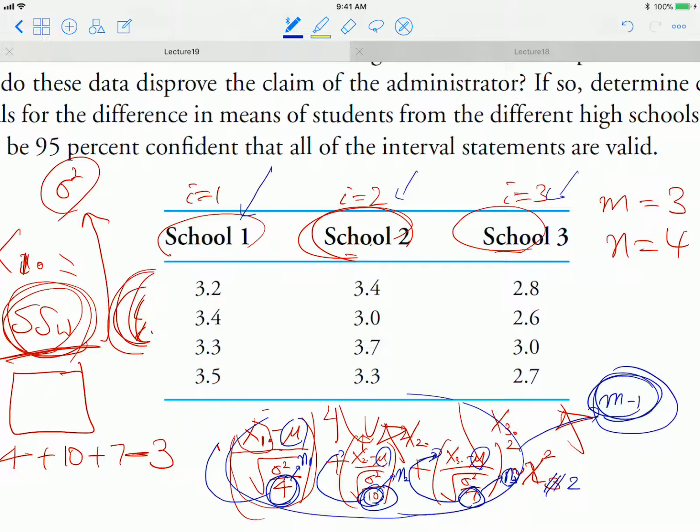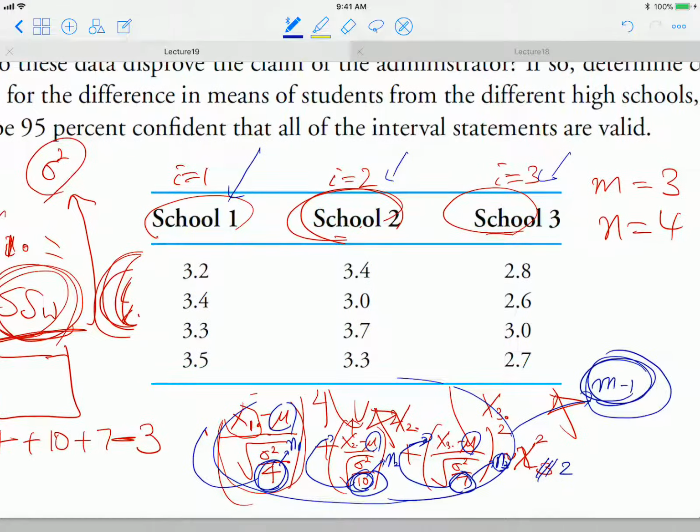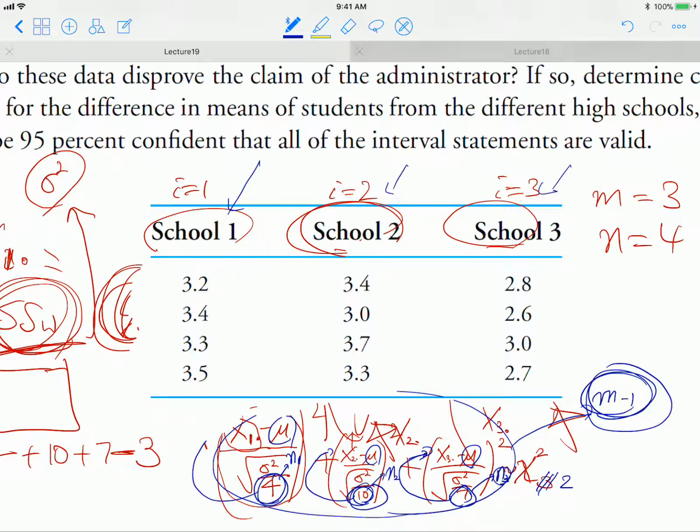So we wanted to test such a hypothesis. But in the case of one-way ANOVA that we previously dealt with, this one is not related to this one or this one. So they are just different students attending different schools, right?